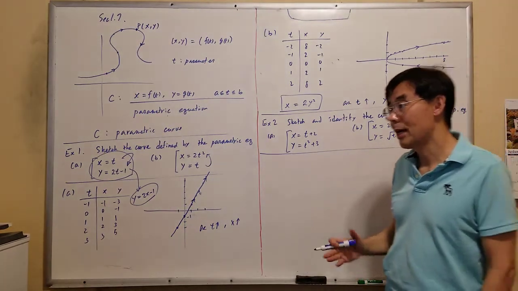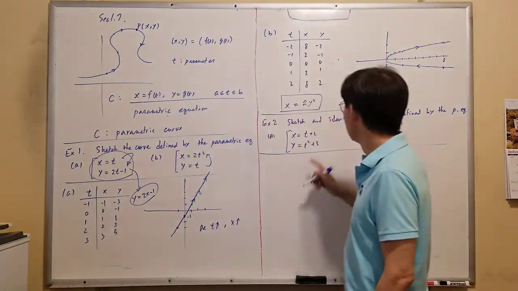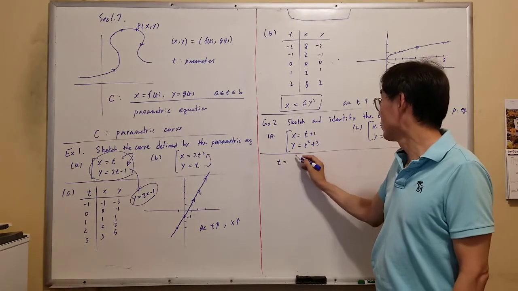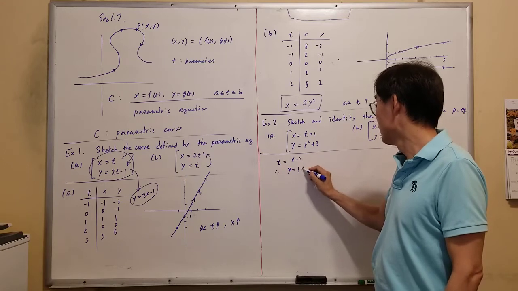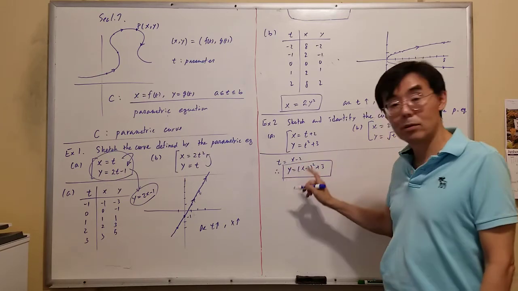Again, we're going to use our rich knowledge about xy equation graphs. Here, using substitution, t equals x minus 2. Therefore, y equals (x minus 2) squared plus 3. I don't need to distribute.